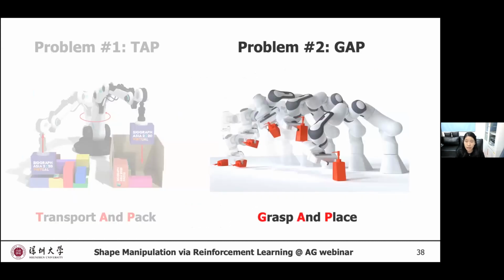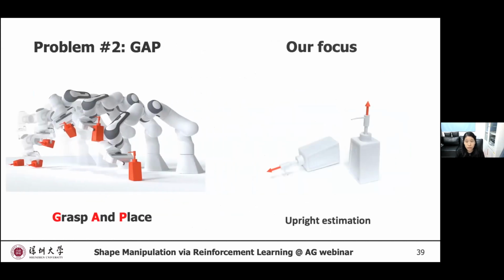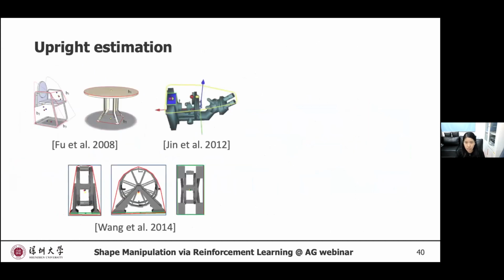Then for the second grasp and place task, we focus more on the problem of upright orientation estimation, which is a typical geometric analysis problem. There are some early works that were built based on handcrafted features, which makes them work in limited conditions and require high quality 3D shape as input.